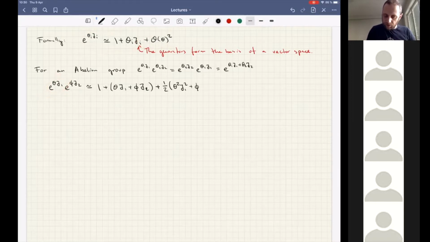I'm going to have phi squared times J2 squared, which comes instead from the other factor. But then I'm going to have 2 more terms, both theta phi J1 J2, and since I have 2 of them, I get a factor of 2 in front.